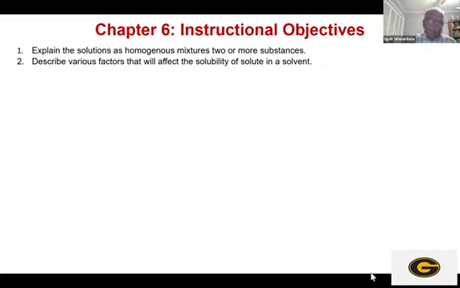Factors like structure of the solute and the solvent, like dissolves like, effect of temperature, effect of pressure, we talked about. Also how solubility is affected by intermolecular forces, hydrogen bonding, dipole-dipole, and London dispersion.